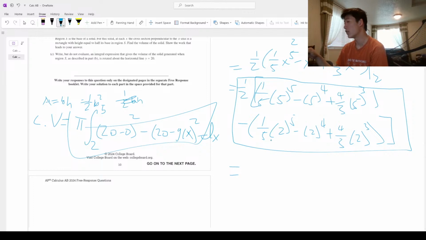That's 48 over 5. That is a positive number. 48 over 5 plus 156 is 156 times 5. That's half of it times 10. 780 over 5 plus 48.